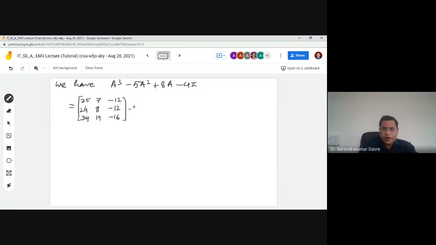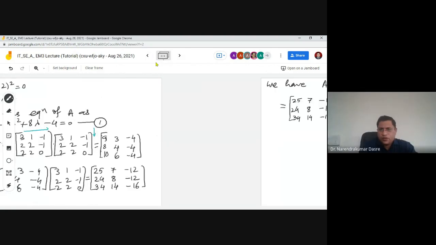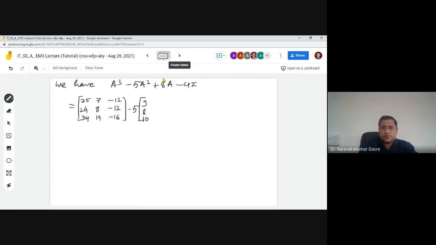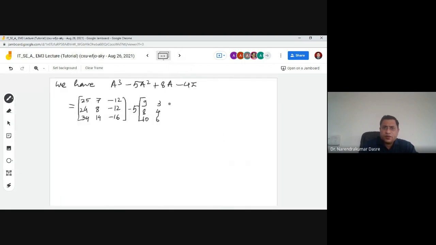Now we have minus 5 times a square. So 45, that is 15 minus 20. So this is 34, 6, and we have all minus 4 here.